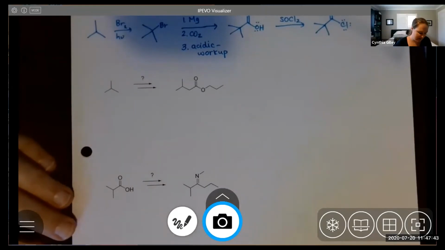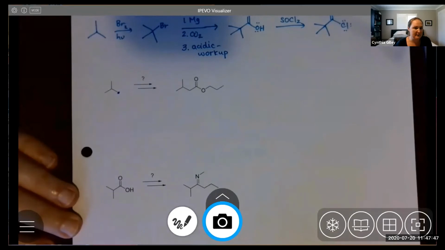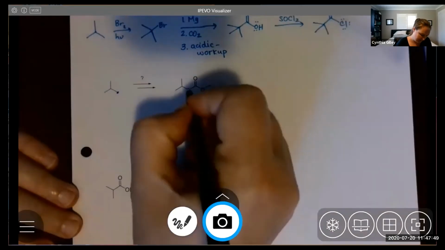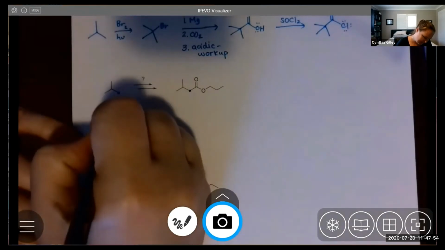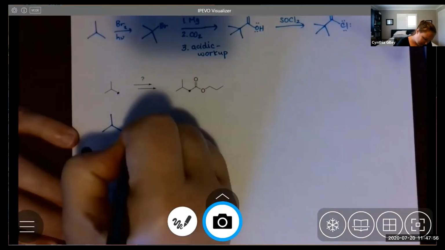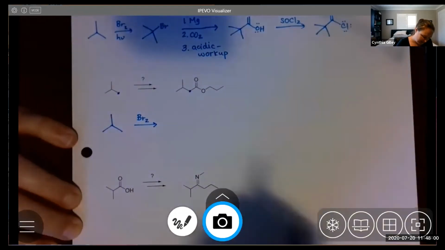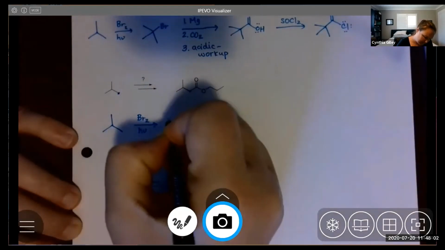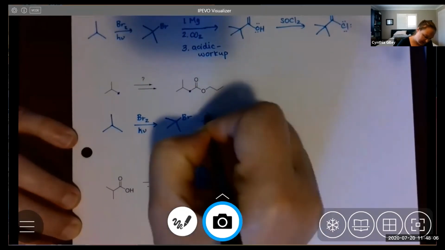So over here now, it looks like we want to introduce the new carbon-carbon bond from that carbon, right? So we're going to do something you're pretty familiar with now, which is a 3-step sequence to get a bromine on that carbon. First we're going to do our radical halogenation, followed by an elimination.